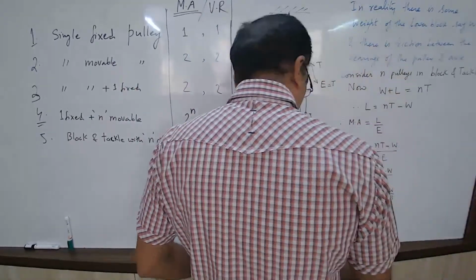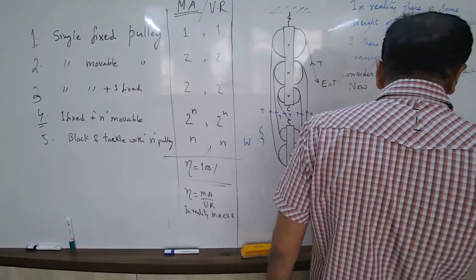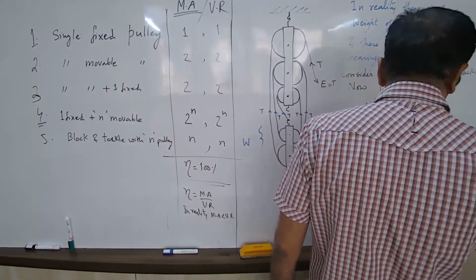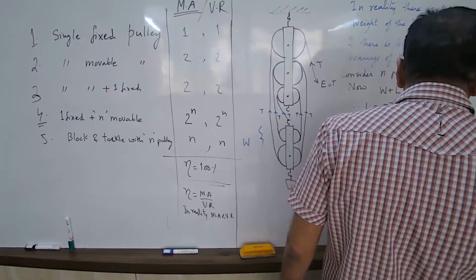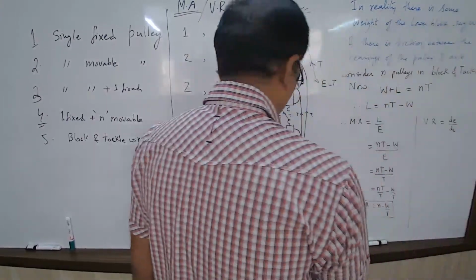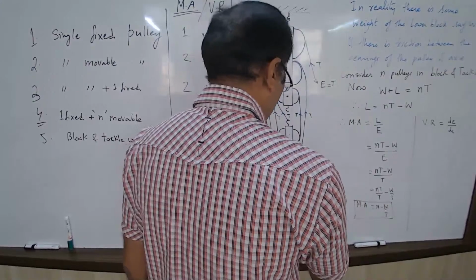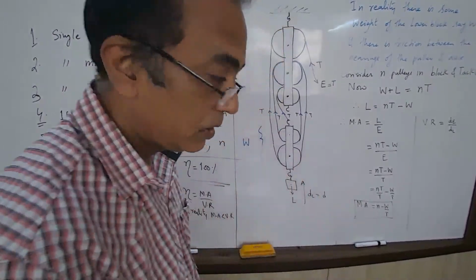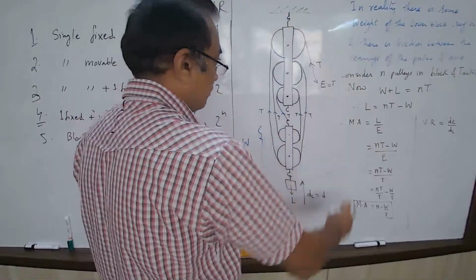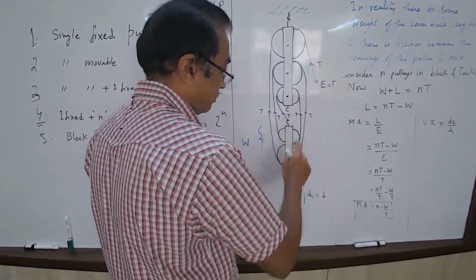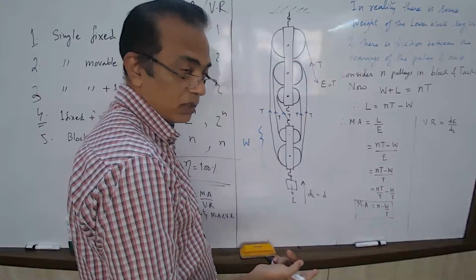So what about velocity ratio? Velocity ratio is same. Right? What is velocity ratio? This is distance of effort upon distance of load. Now imagine the load rises by D, right? So how much string will be released? All the 5 segments, 1, 2, 3, 4, 5, will release.